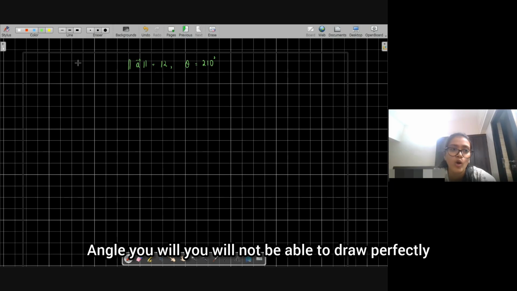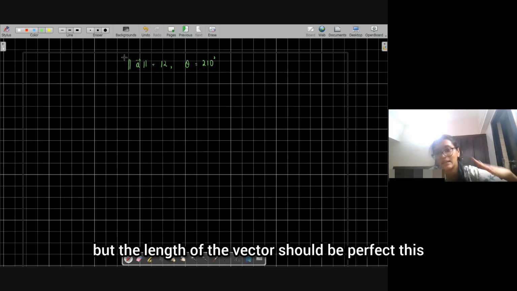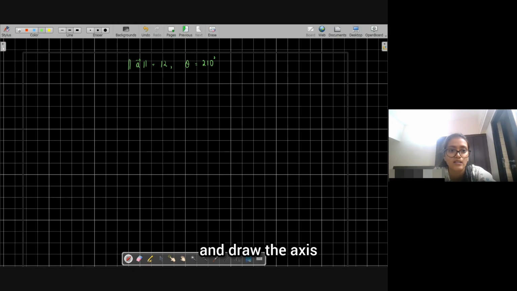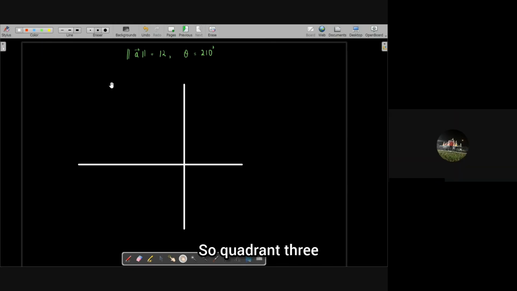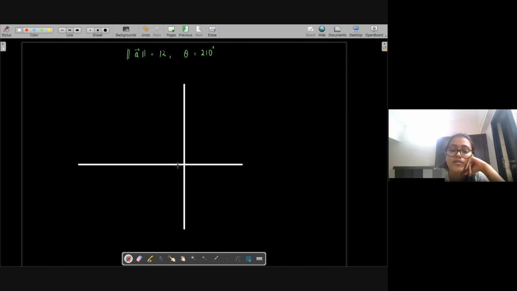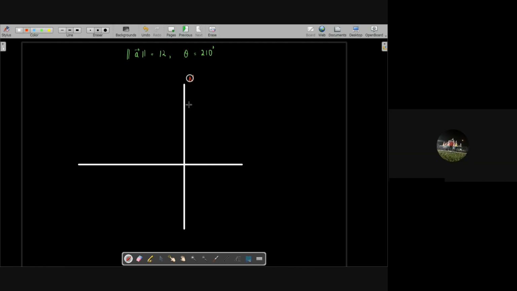Angle you will not be able to draw perfectly, but the length of the vector should be perfect. I'll draw the axis. It's quadrant 3, and it's 30 degrees in the third quadrant.